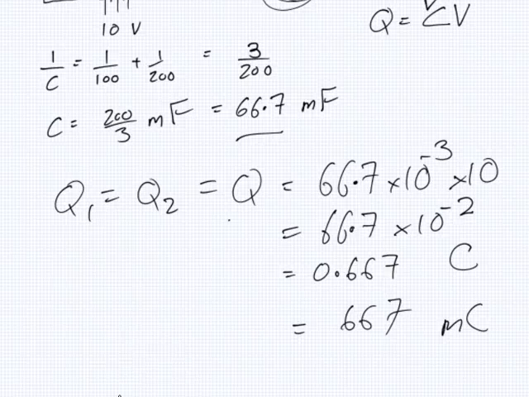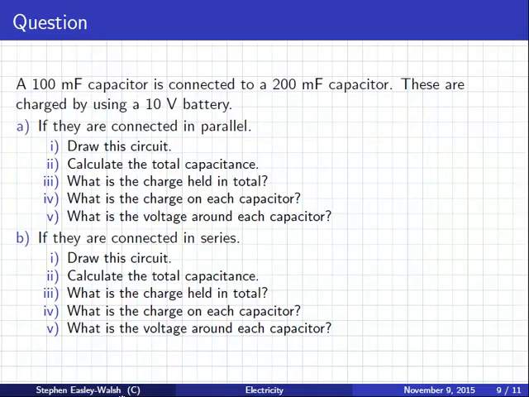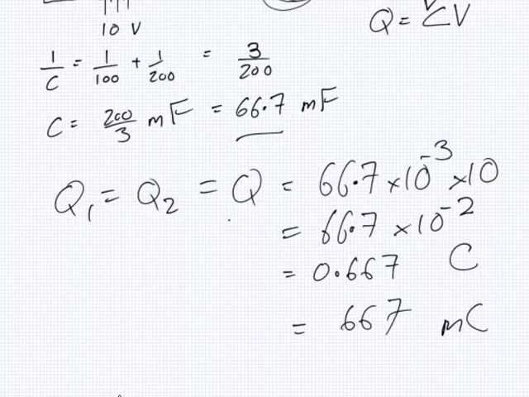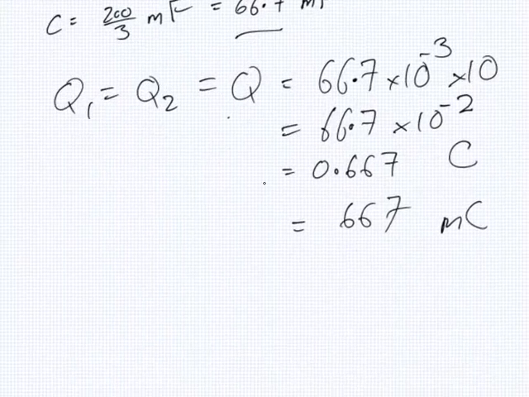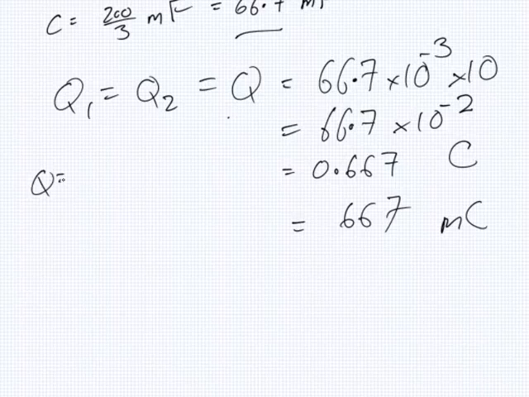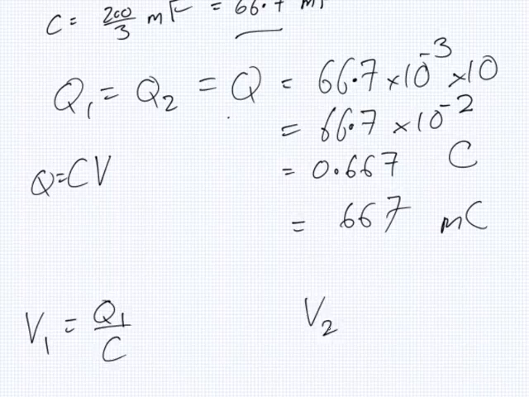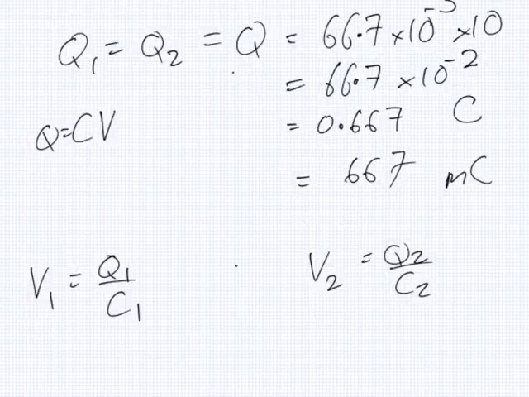Right. What's next? Oh yeah, what's the voltage on each? So if Q equals CV, then V1 equals Q1 over C1, and V2 equals Q2 over C2. But remember, Q1 and Q2 and Q, they're all the same.